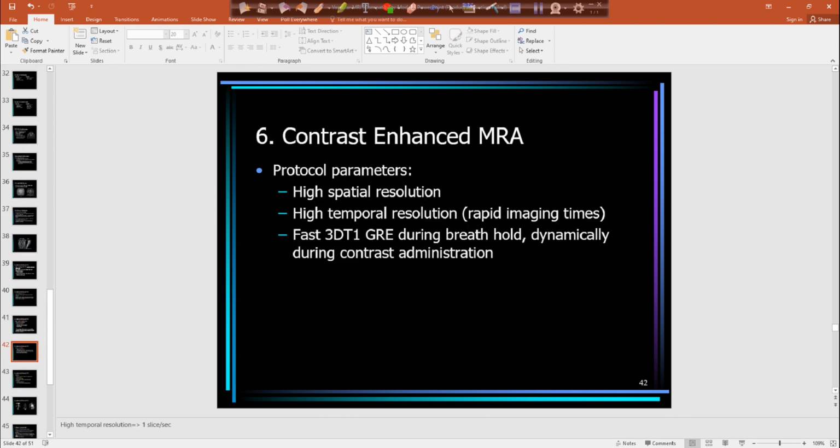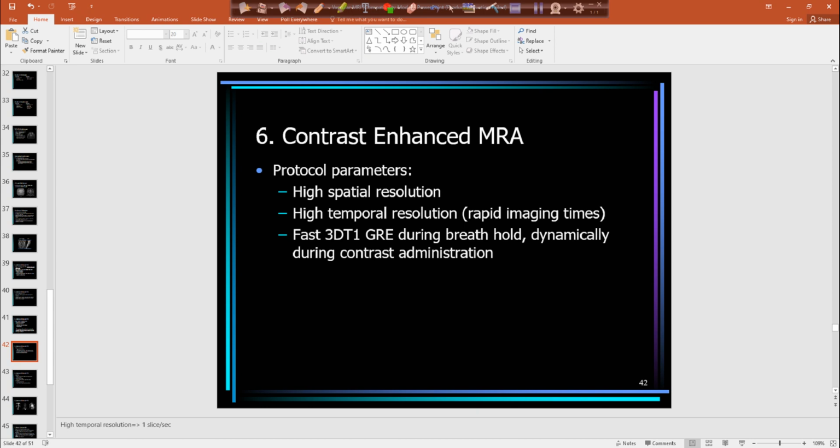These are 3D sequences, so we have very high spatial resolution, usually voxels that are less than 1 millimeter. We have high temporal resolution. Temporal resolution means we're imaging very rapidly. Usually high temporal resolution is like 1 slice per second. We're able to acquire 1 slice per second.